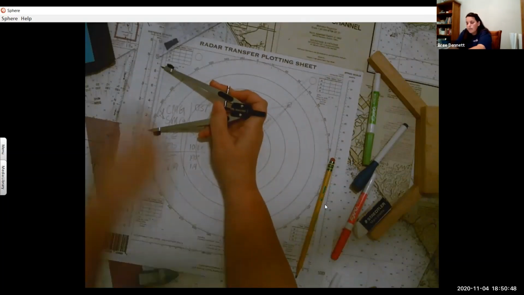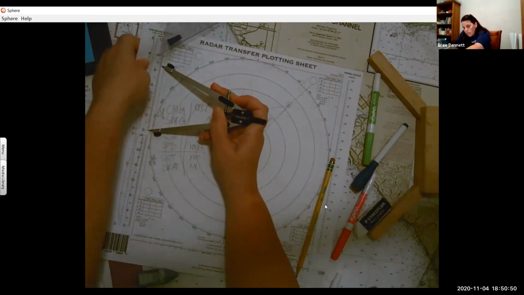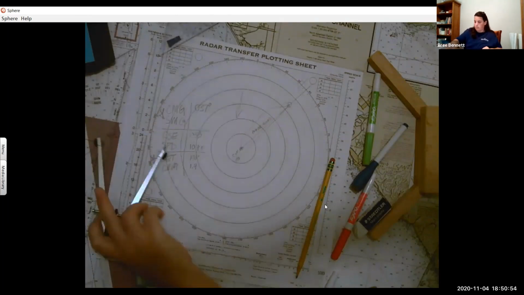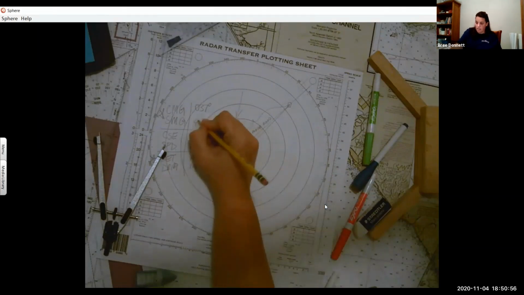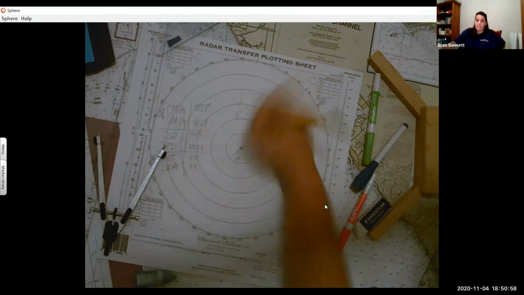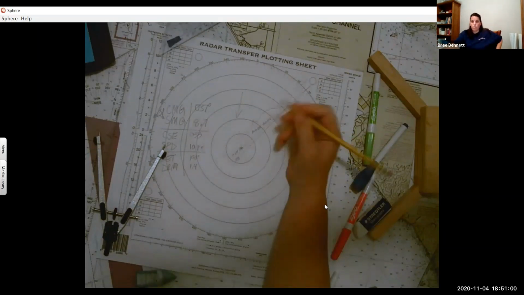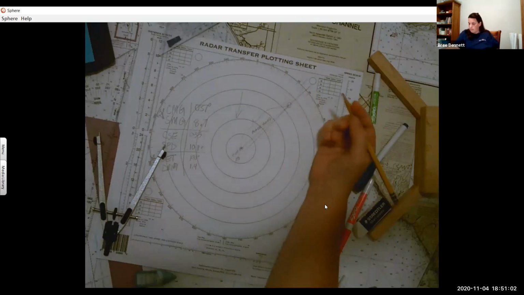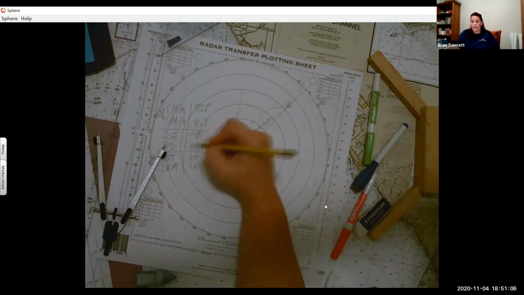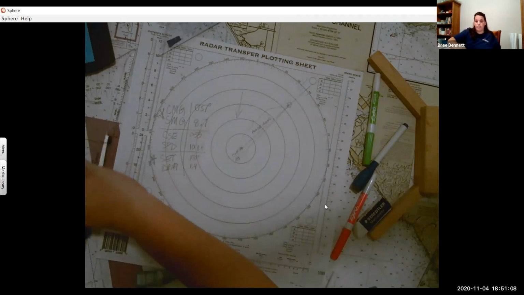So I got 8.7 as our speed made good. It's going to be slower because that current's pushing almost on our bow, so that makes sense, it being slower than my actual engine speed.